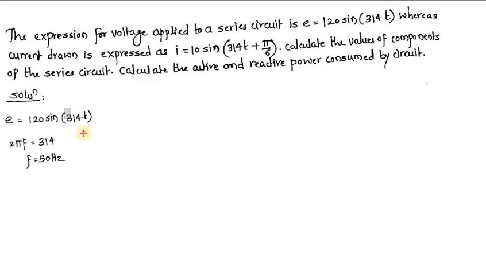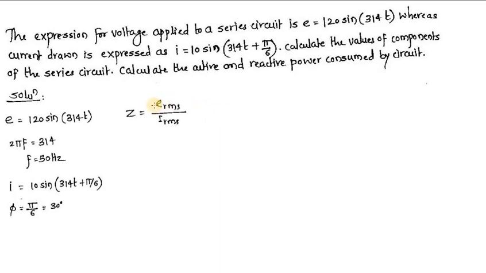Obviously this is 2 pi f, and 2 pi f is equal to 314, so frequency is equal to 50 hertz. Then from the current we get the value of phi. Phi is equal to pi by 6, that is 30 degrees. These values will be useful further, that is why we found out frequency and phi firstly.